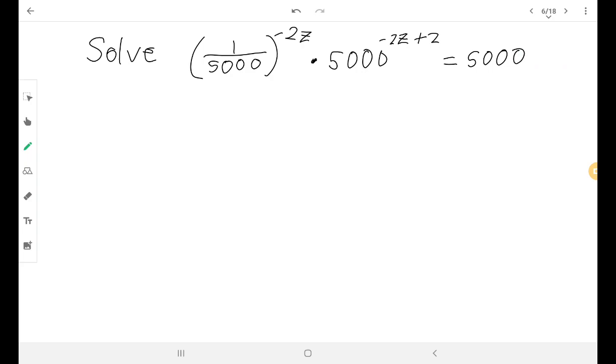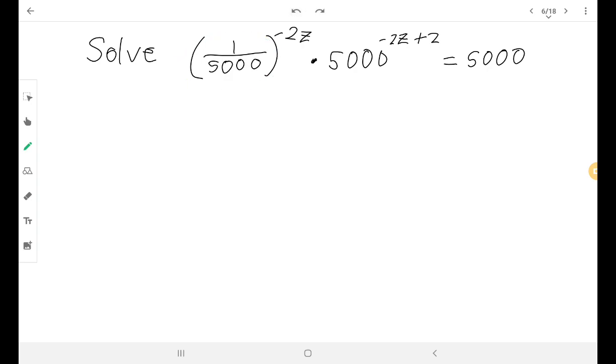All right, this time we've got things that we need to solve, and we've got this multiplication problem equal to 5,000. It would be helpful if all of our bases were 5,000, and the only issue is this one.